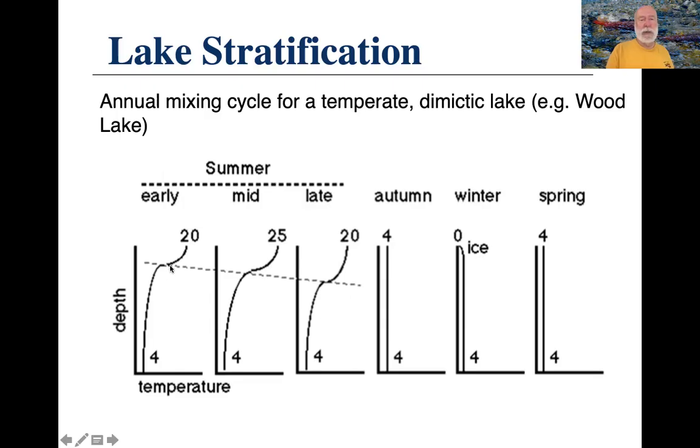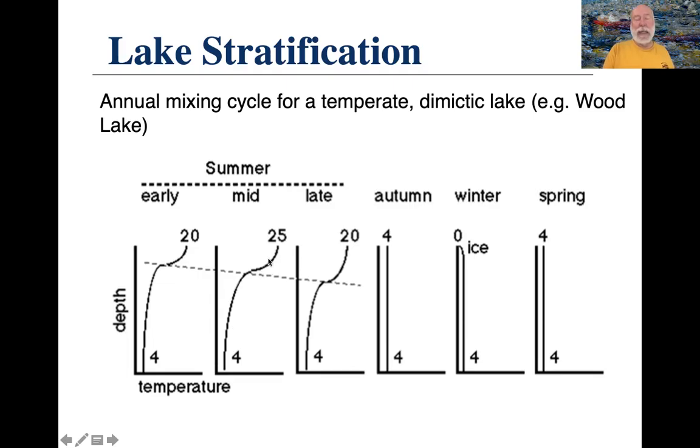And especially early in summer, the thermocline tends to be fairly high up. Okay, so early on in summer, maybe it gets up to 20 degrees Celsius at the surface, and the rapid temperature dropped down to 4 degrees at the bottom. As summer progresses, the surface waters warm, so maybe they get up to 25 degrees Celsius, and the thermocline may have a tendency to move a little bit deeper in the water column.